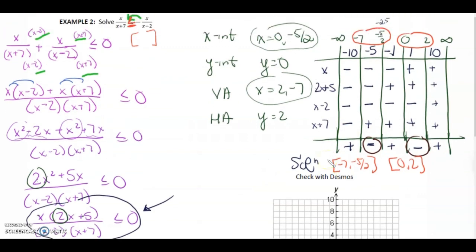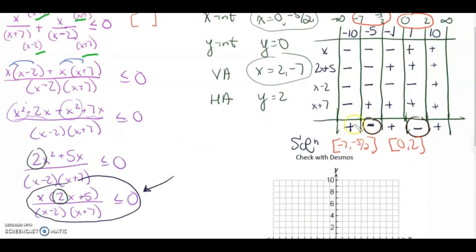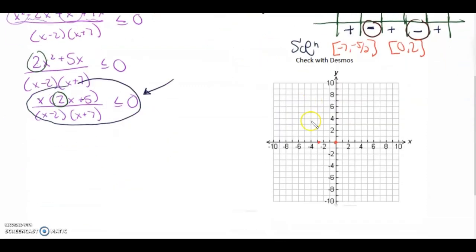Going here, we're going to put an x-intercept at 0 and negative 2.5, and we're going to put vertical asymptotes at 2 and negative 7. This is just a quick sketch. So x equals 2, x equals negative 7.